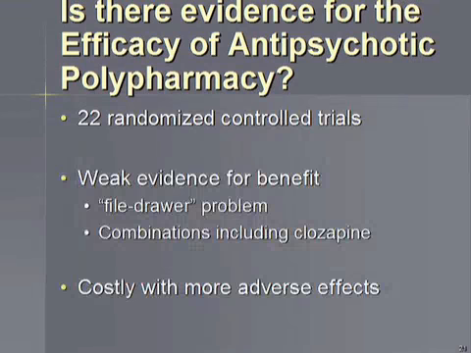When they do the funnel analysis, these different analyses to see if there might be a file drawer problem, they find that there is a strong hint of a file drawer problem. Combinations including clozapine with a potent D2 agent, clozapine plus a potent D2 agent, this is where you see more evidence of benefit.